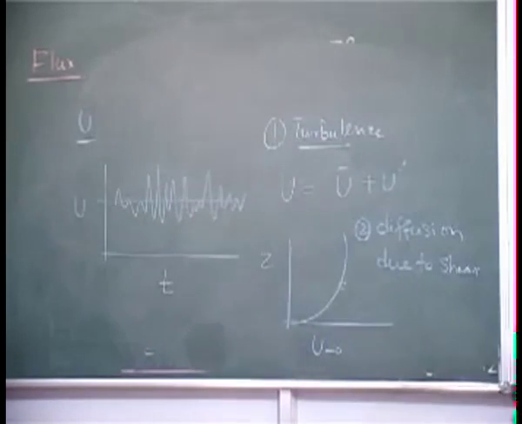So if I have turbulence and diffusion, I might still be able to use Fick's law, because this will still hold, but what will change is the D, because D will no more be molecular diffusion in the atmosphere, but could be a combination of molecular diffusion plus turbulent diffusion or the diffusion due to shear and things like that.